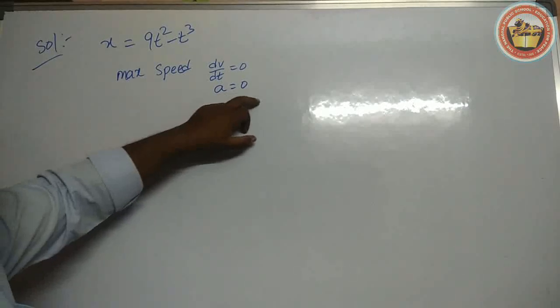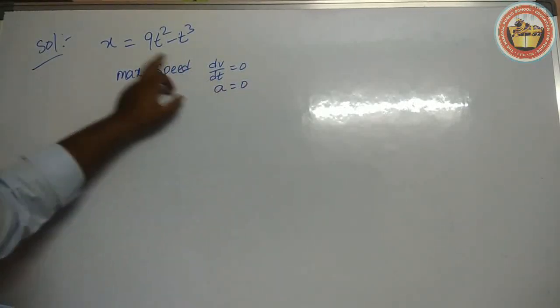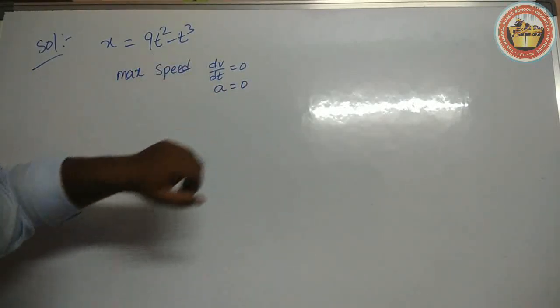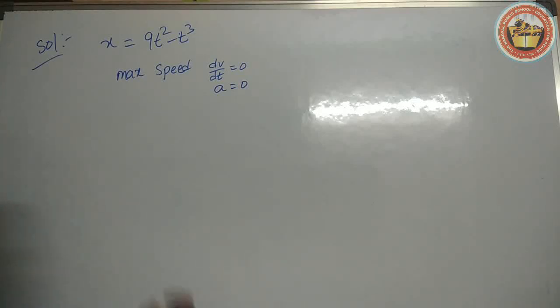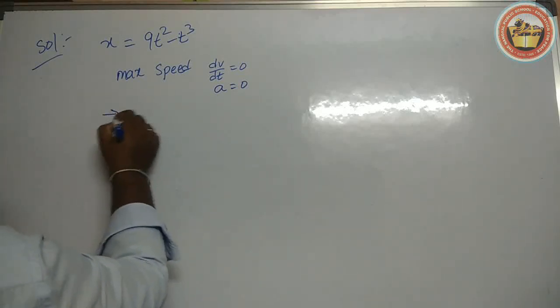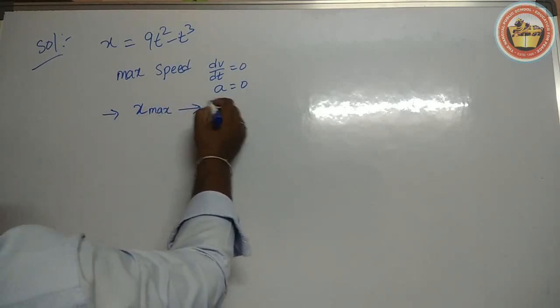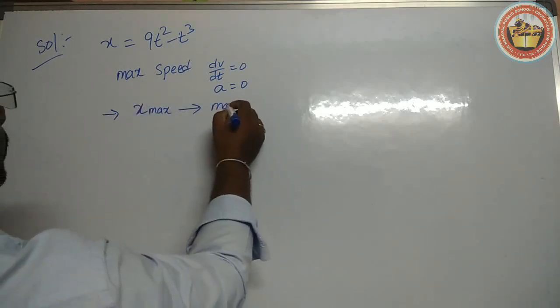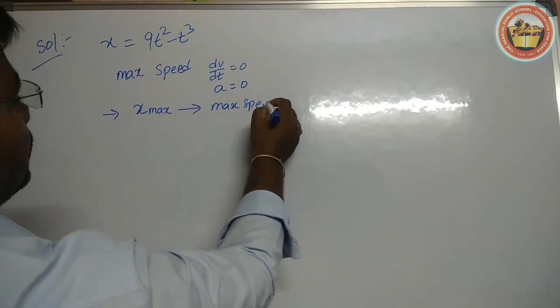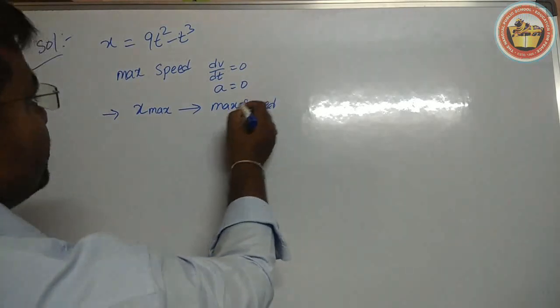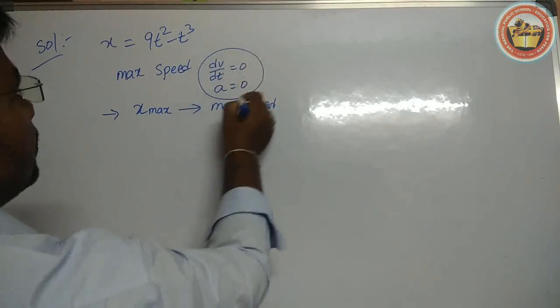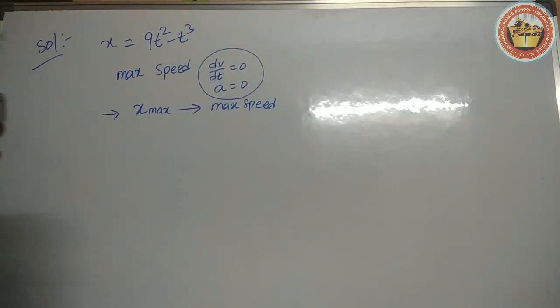When acceleration is 0, we have to find this maximum displacement, x max, at maximum speed.